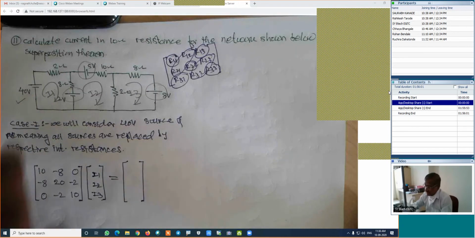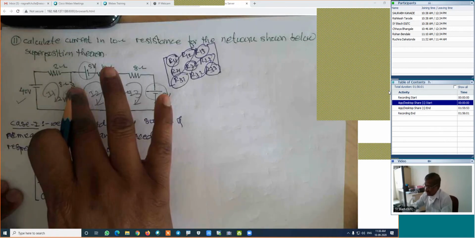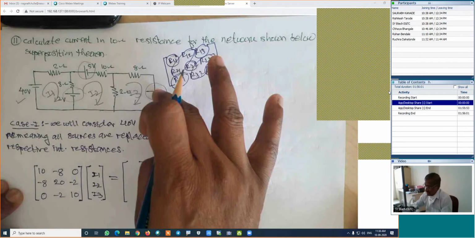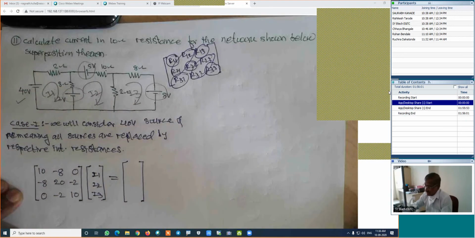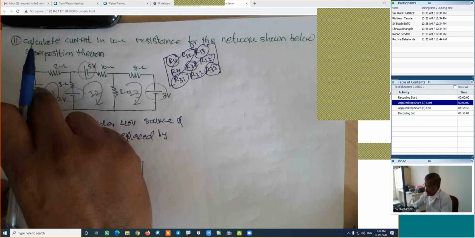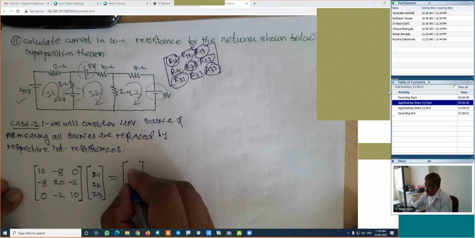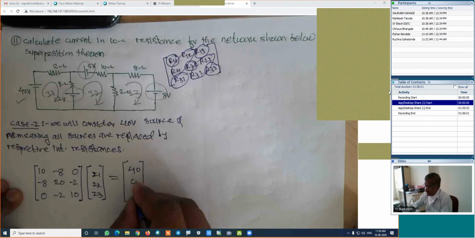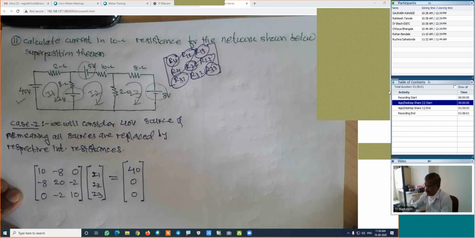Is it right? This source we consider on, then these will be replaced by internal resistance. In that case, how will be the constant? For first loop, we are traveling in the clockwise direction, negative to positive. That is plus 40. Second constant 0. Third constant 0. This is the matrix for first case.